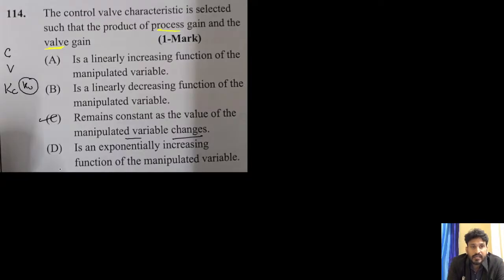According to that, it changes the manipulated variable. What is the manipulated variable? Flow rate of the control valve, right? But ultimately, if manipulated variable changes, what we want is that my process variable remains constant. Yes or no? Is it clear to you? So that value must remain constant. This is what the question wants to say.